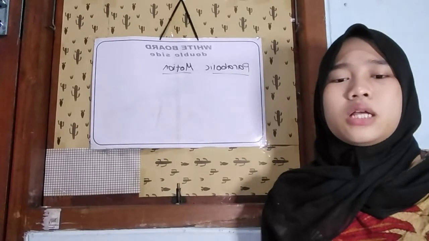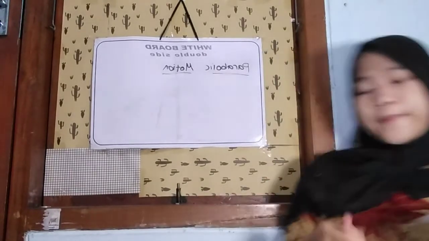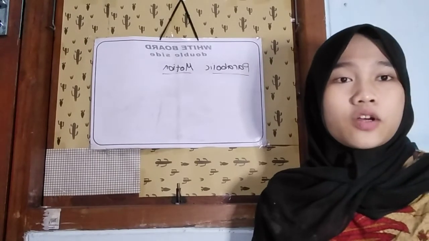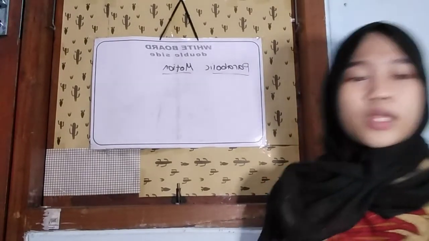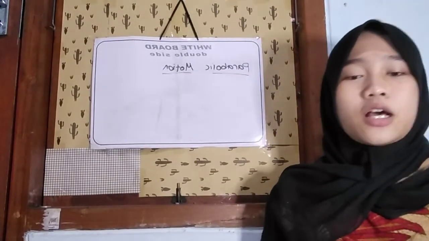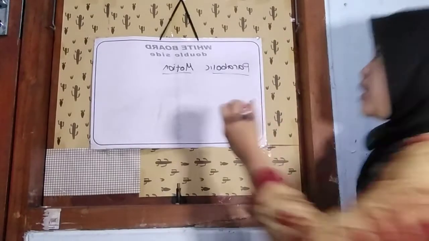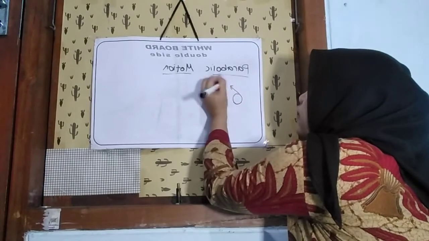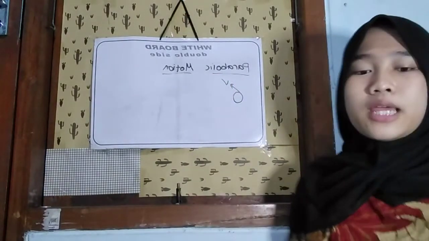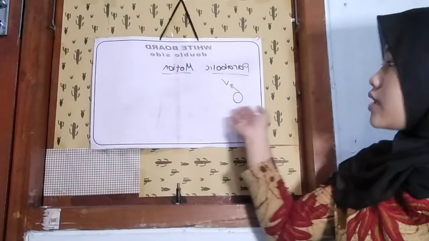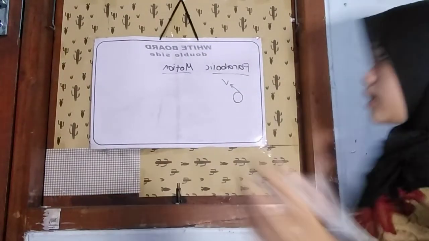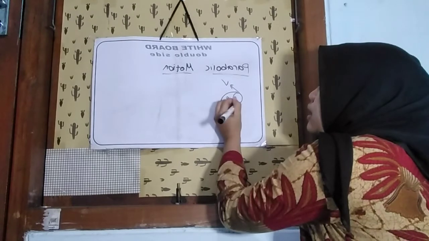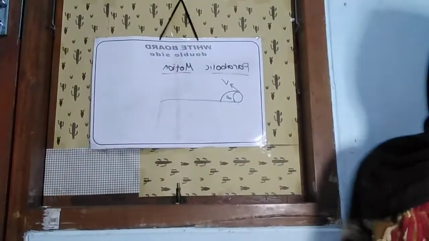So, how do we combine them? Parabolic motion, as we know, or projectile motion, is the motion where an object begins with a velocity at an angle of elevation to the horizontal surface.